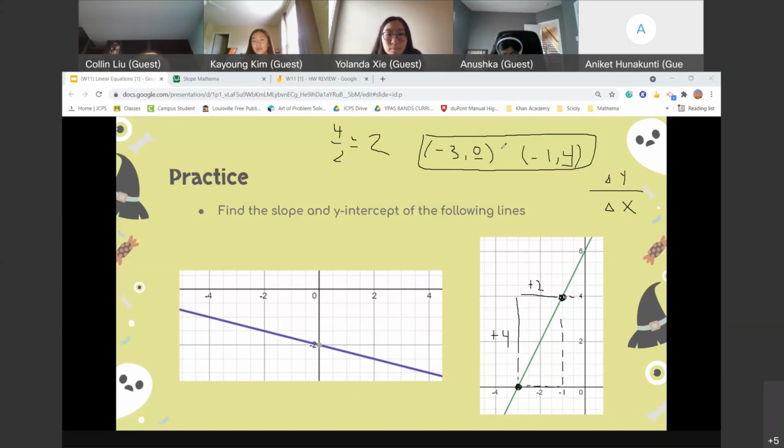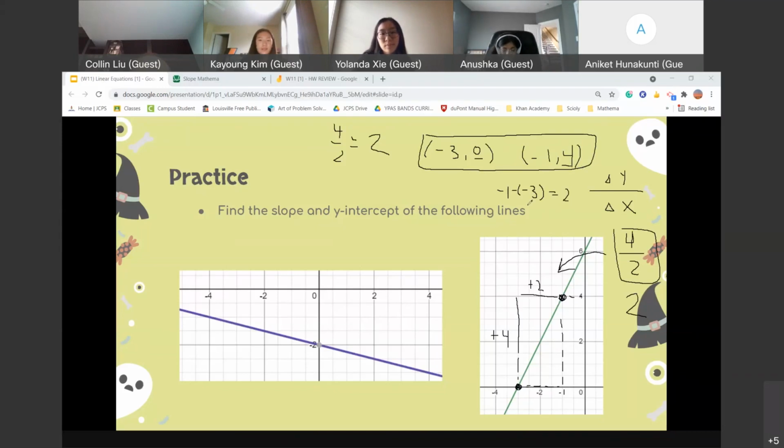So 4 minus 0 is 4, over -1 minus -3, that's 2. Wait, we've seen this before. That's what we got when we used the graph, right? That's also 2. So the slope of this is 2.